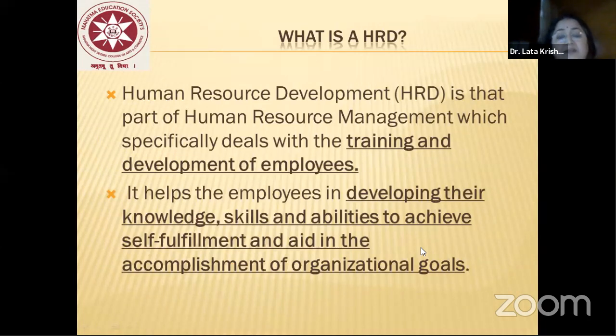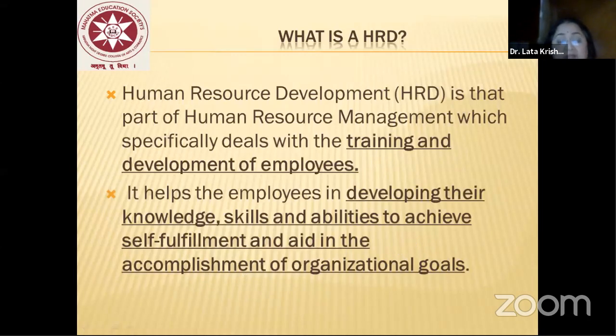Whereas development is a more long drawn process where the human beings are developed in a business organization by giving short term, medium term, and long term training processes, making sure that they change with changing times. New skills, refreshed knowledge has to be provided so that it is not just training for a specific skill, but training for skills that are required in the changing environment of business. So it helps the employees in developing.